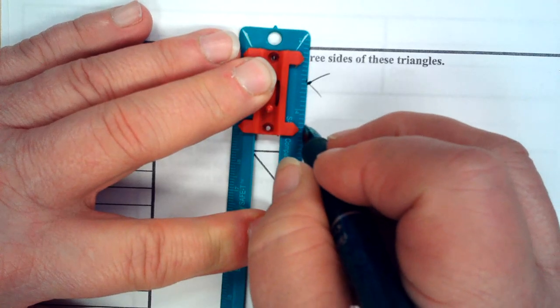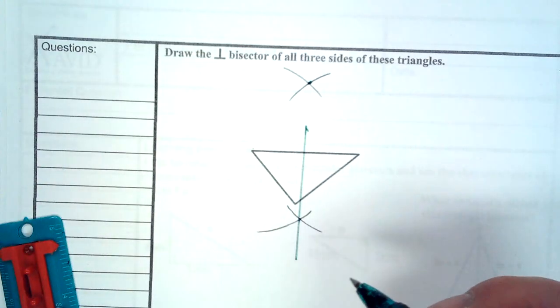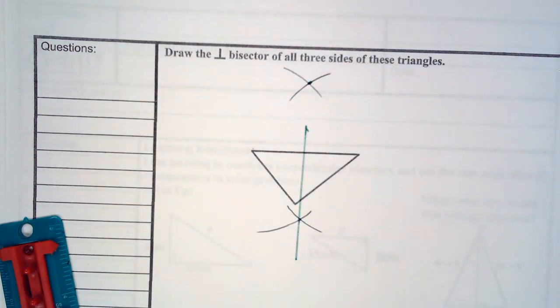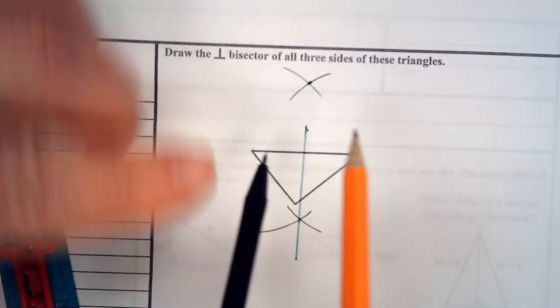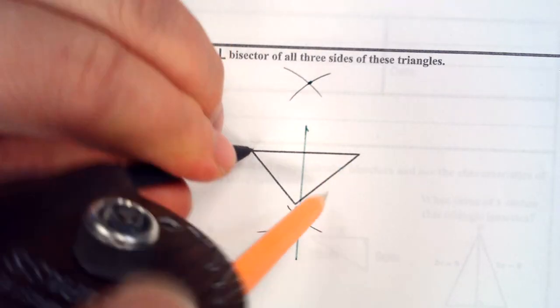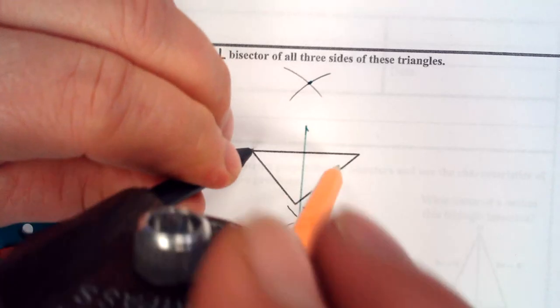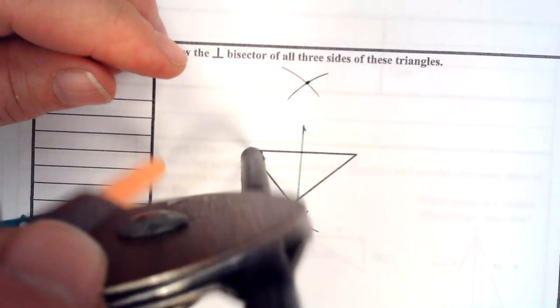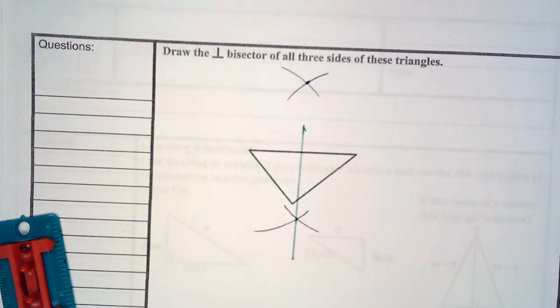So I'm going to start about right here and draw my line here. There's my first perpendicular bisector. And I repeat this process for each of the edges. So if I am on this edge, I could actually make it a little bit smaller. Well, I think I'll make it a little bit bigger because I don't want to go through the middle of my triangle with that arc.